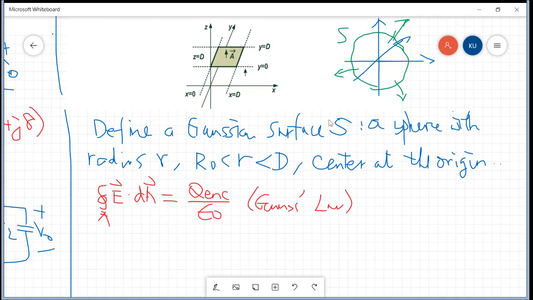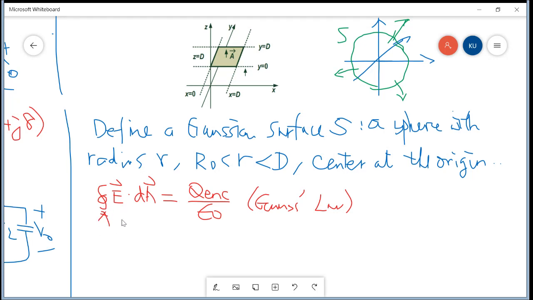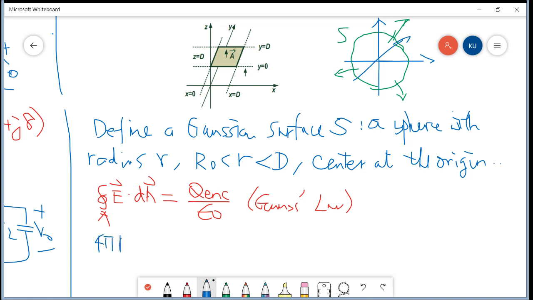Across this surface, E is constant, so the integral is nothing but 4 pi r squared, which is the area, times the constant E. The constant E at r is phi 0 over r squared, and this is E_r, because we assume the radius of the sphere is r.